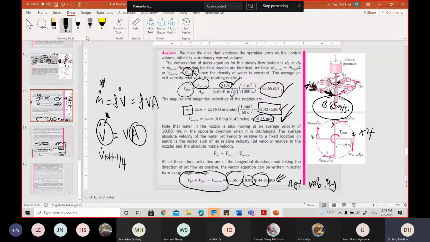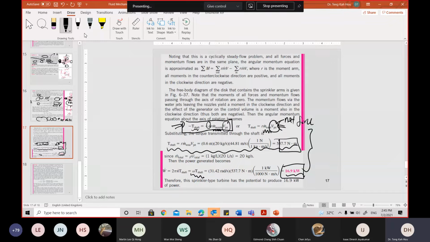That's why the net velocity turning is 44.81. Okay, so that's why these turning forces are going to generate on my shaft. Am I right? So you use your r m v, which is the formula. Okay, in this case, you're using the total of the mass with the net force. That's why you use this equation. As I said, in case you don't want to use the net force, you want to use the individual ones.